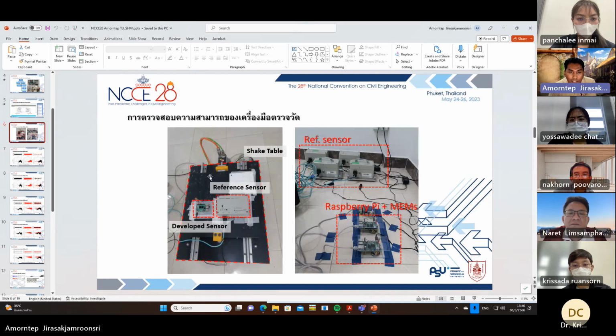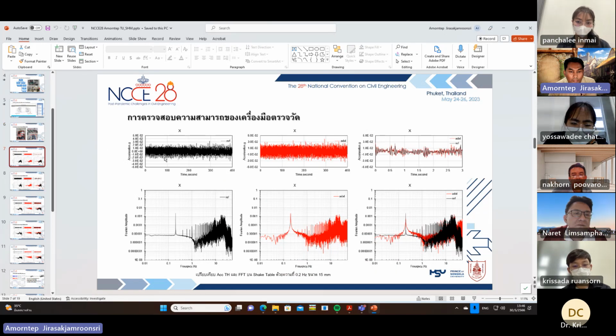Yes, I made a comparison between the reference sensor and the low-cost sensor, the first time on the checking table and on the building. And this is the result from the checking table, with checking frequency 0.2 Hertz and amplitude 15 millimeters. This figure shows the zoom of the graph between the low cost in the red line and the reference sensor in the black line.